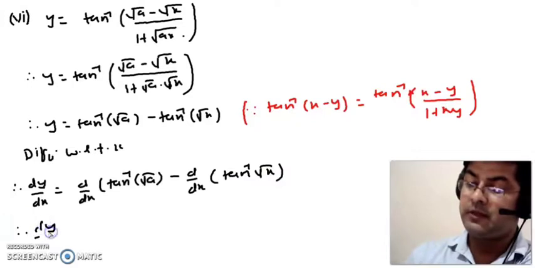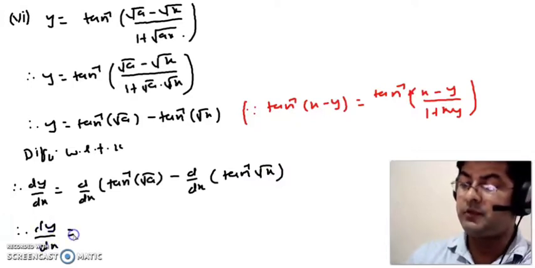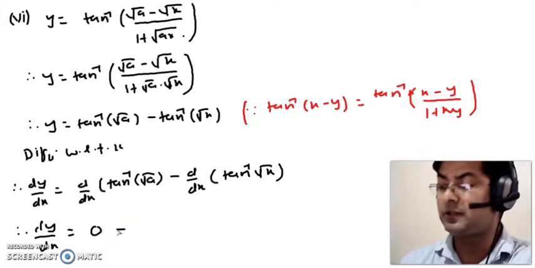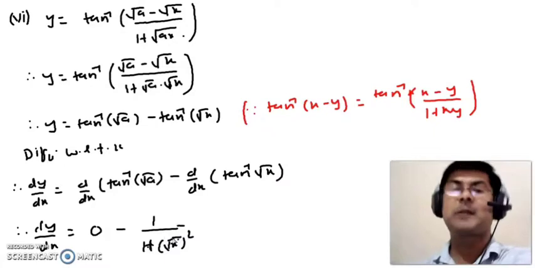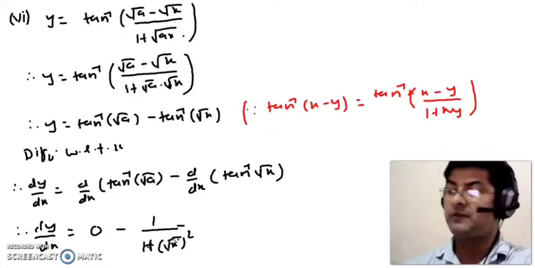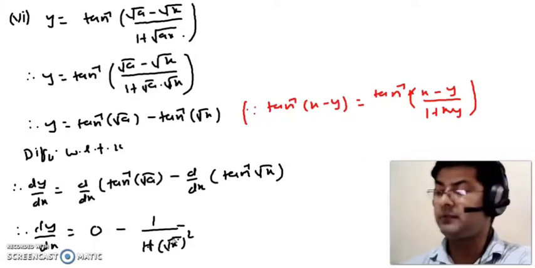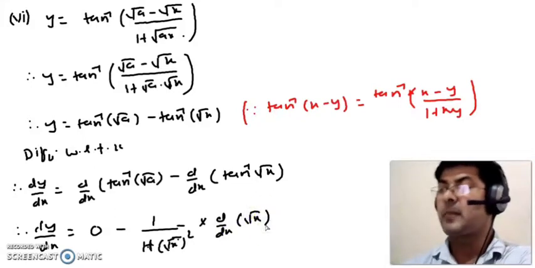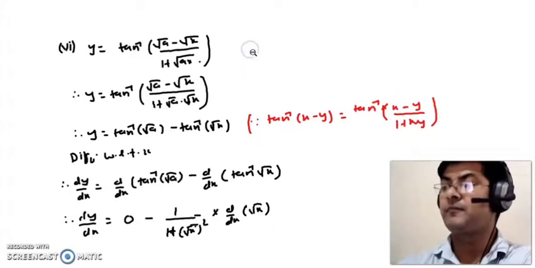Therefore dy by dx, the first one being a constant, its differentiation will be 0, minus for tan inverse root x we have 1 upon 1 plus root x the whole square. Yes or no? Because the differentiation of tan inverse x is 1 upon 1 plus x square, and we have root x over here in place of x. So again we'll apply the chain rule, d by dx of root x.